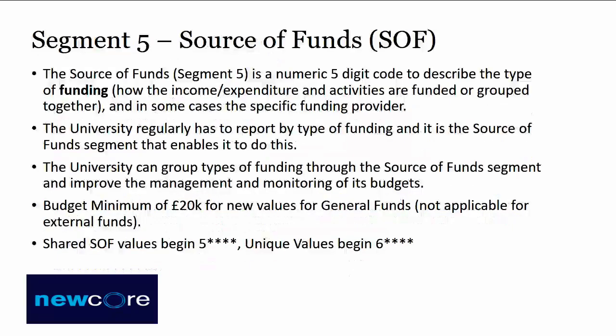Completing the picture is source of funds, and that is effectively where the income or expenditure is coming from, where it is funded or grouped. In some cases it could be a specific funder that will have its own unique code, and then if you want to use that particular pot of money, then you have to update the segment 5.